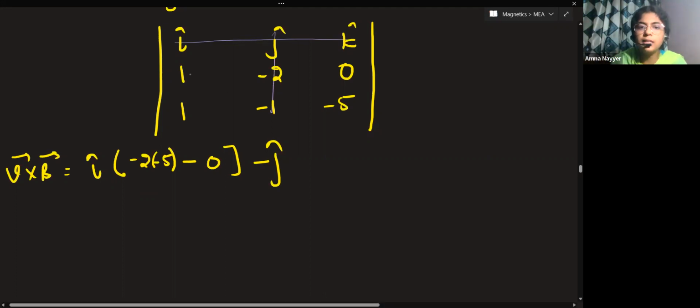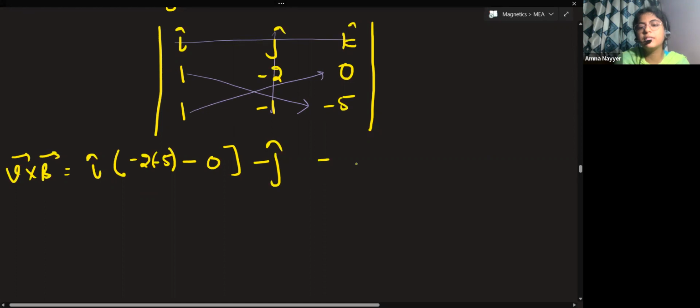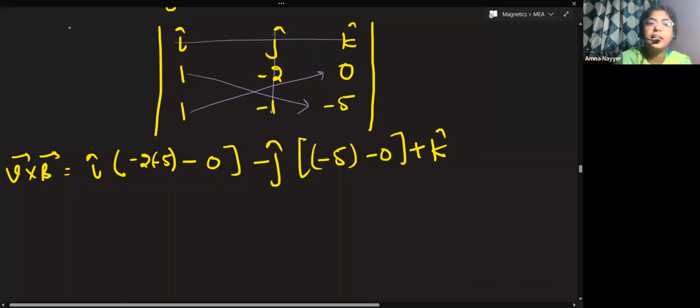Now multiply this: 1 multiplied by minus 5 gives minus 5. Minus, what is left? 1 into 0 is again 0. And the last one again, for K we write plus. For J only, remember, we write negative.